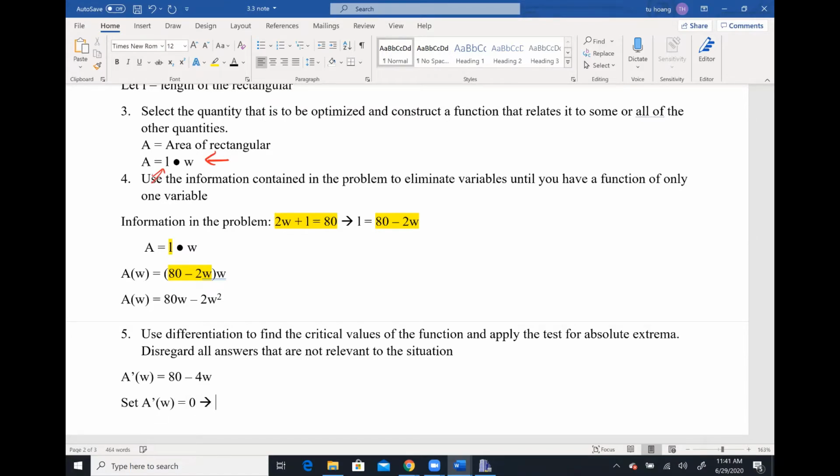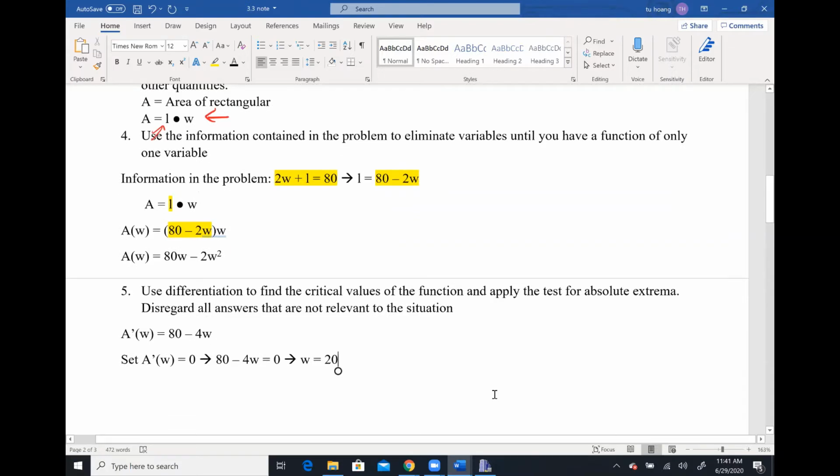And you will have 80 minus 4W equal to 0. Now you will have W equal to 80 divided by 4, so that gives me 20.